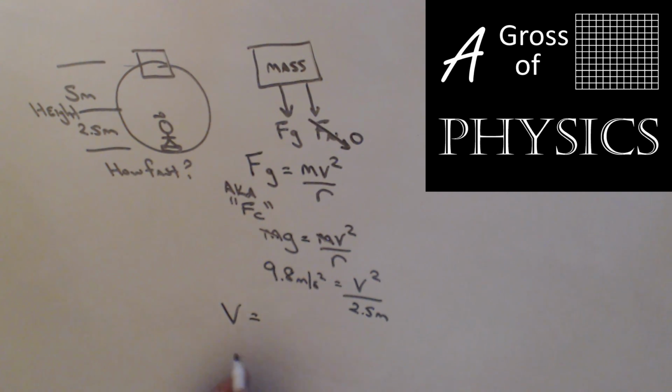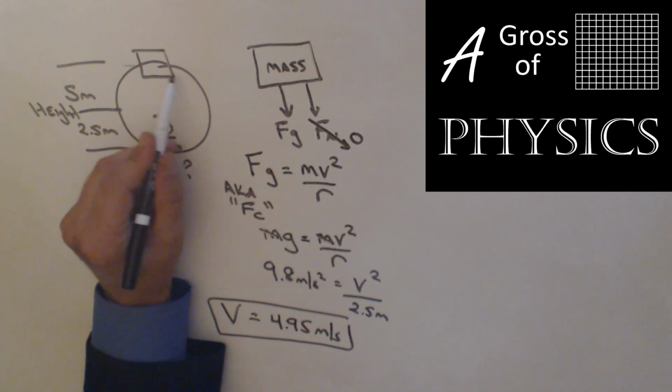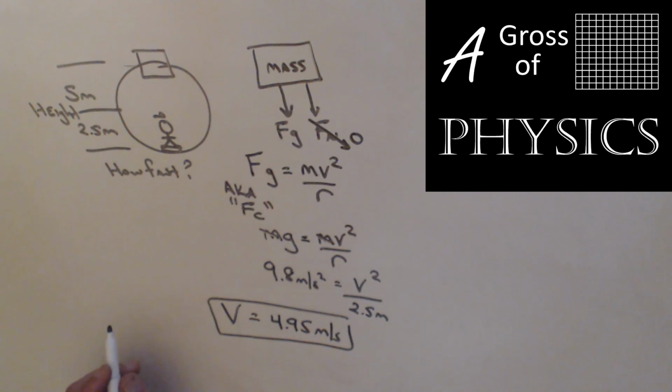So in order to make a full revolution without losing contact with the pipe itself, 9.8 times 2.5, second function square root, second answer, you have to be going at least 4.95 meters per second. Anything less, and you'll lose contact around here and fall down.